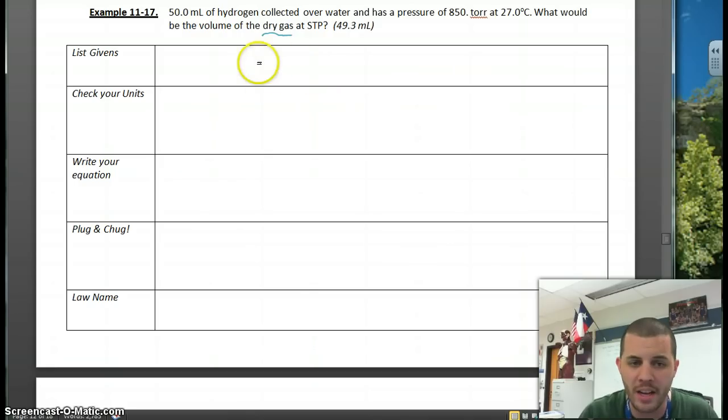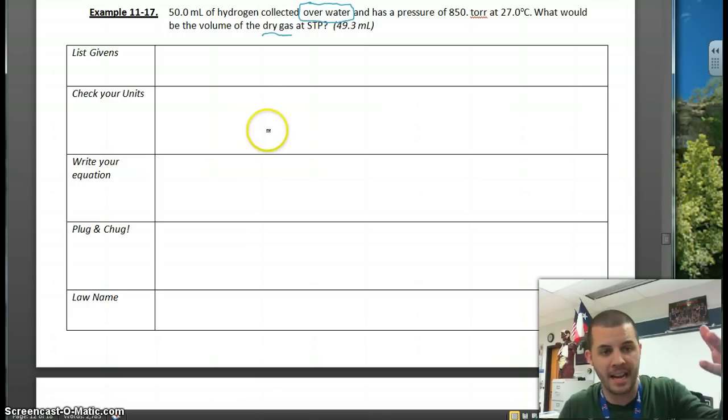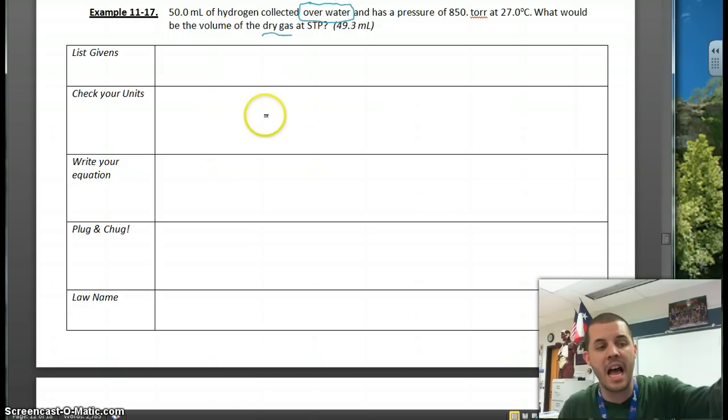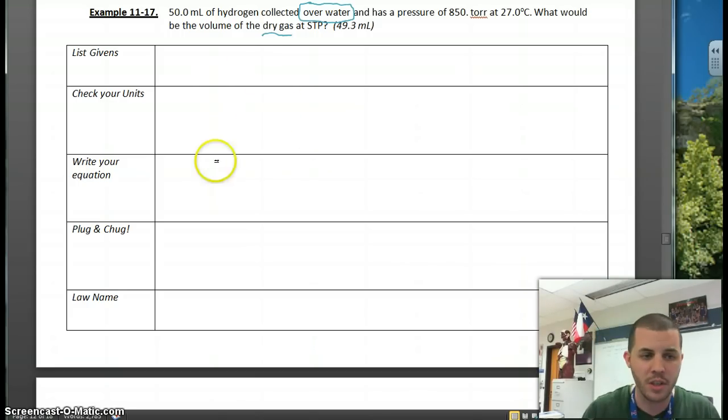Well, right now, if this is being collected over water, we're going to call that a wet gas because it's the hydrogen gas and it's water vapor. So let's write down our givens. My V1 is 50 milliliters. My P1 is 850 torr.